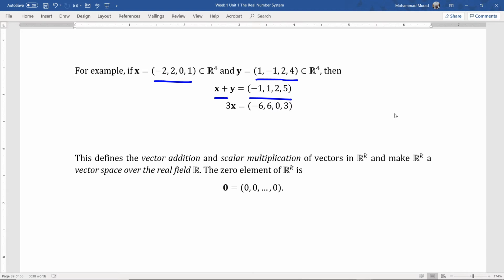For example, the fourth coordinate of the sum is obtained by adding the fourth coordinates of the vectors x and y. Similarly, the vector 3x is obtained by multiplying every component of the vector x by the scalar 3.